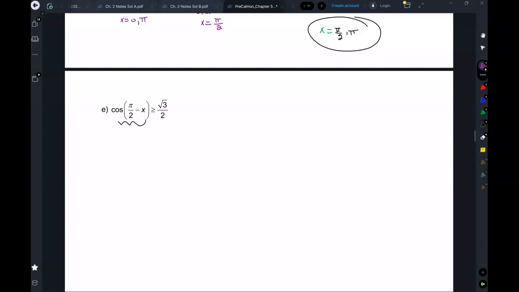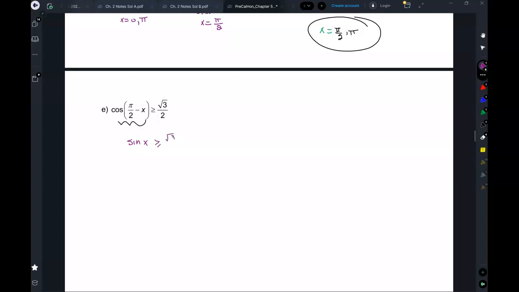Sine x. Remember, what type of identity is it? Co-function identity. Cosine, cosecant, cotangent.